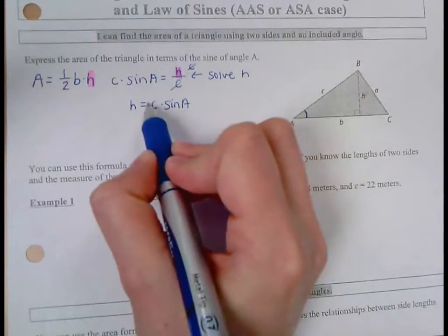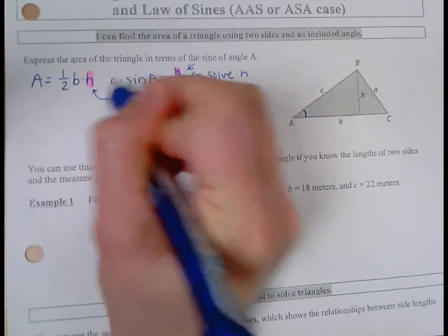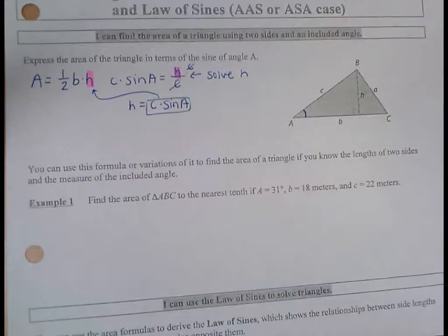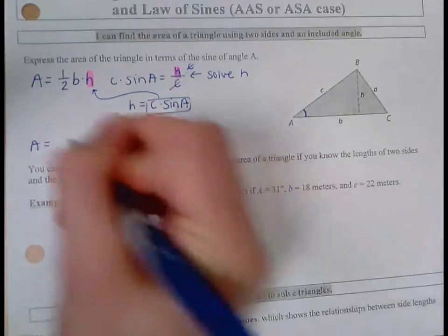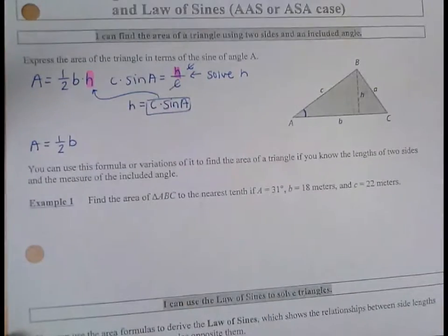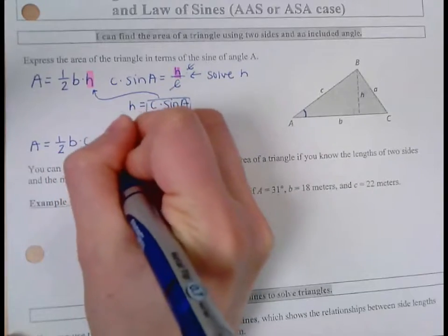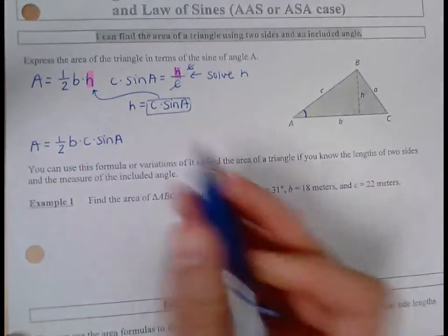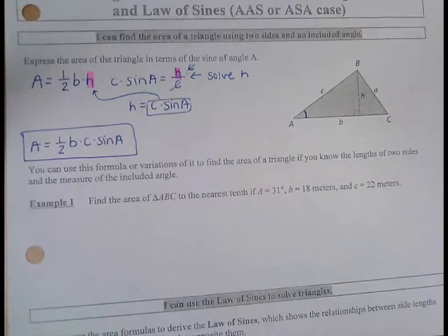Now that can be substituted into the formula we normally use to find area for H, since it's equal to H. And you get this formula to find the area. Area is equal to 1/2, still your base B, times the height, which is now C times sine of angle A. I'll show two other variations of it.